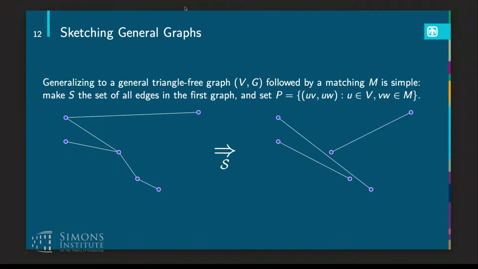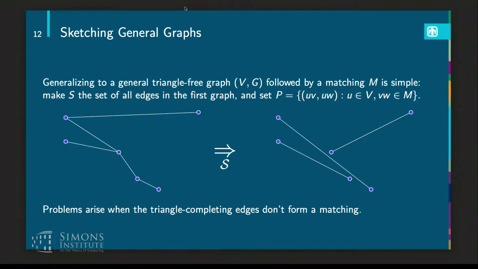Then, when we query whether the edges in the second graph form triangles with the first graph, we'll make our pairs be (u,v), (u,w) for every edge in the second matching and every vertex in the whole vertex set. This is still a disjoint set of pairs, because we promised that these edges VW are all vertex disjoint. They will form a matching.